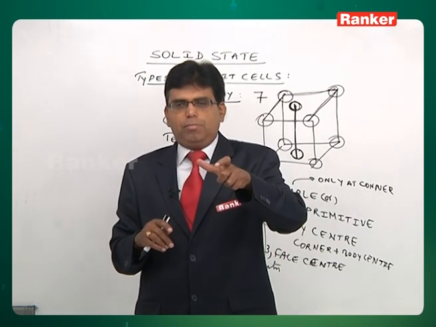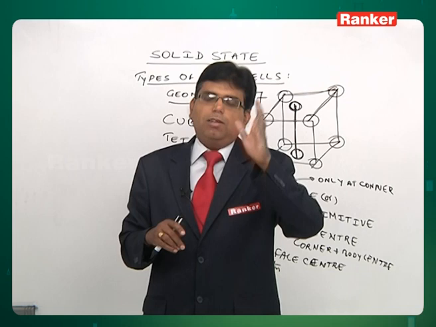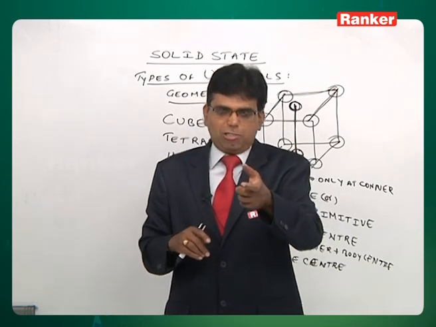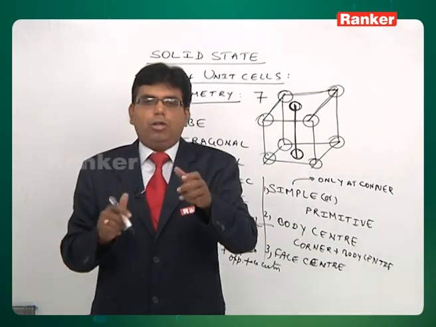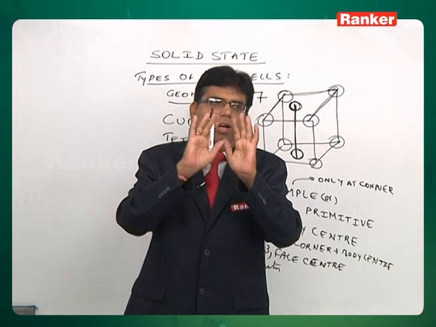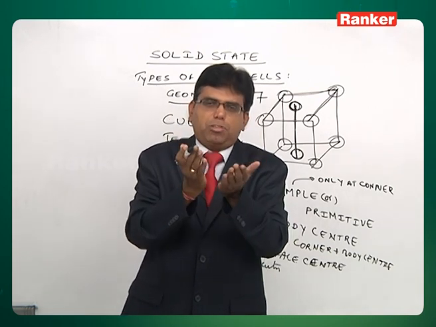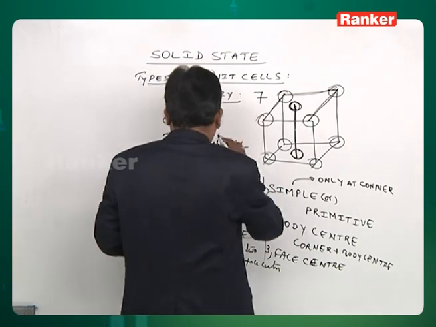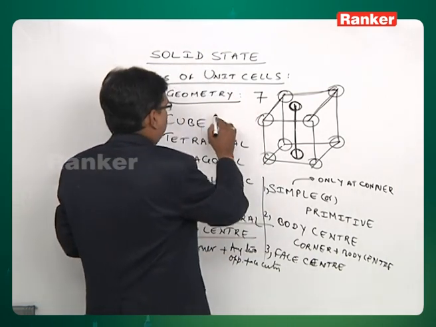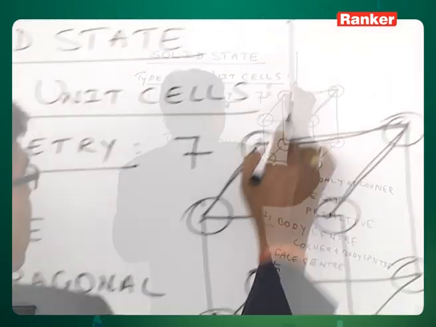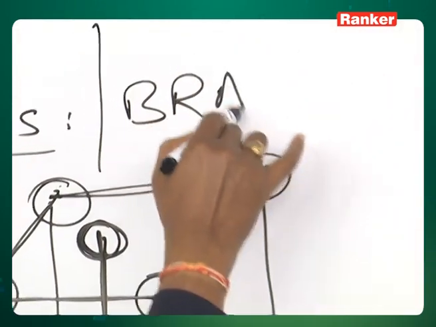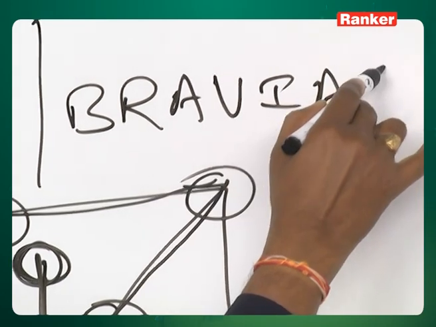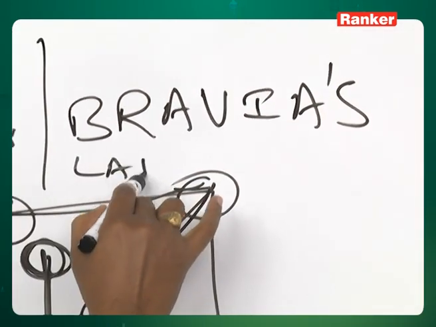By taking all the mathematical calculations and geometrical considerations, all geometrical possibilities together, 14 types of such lattices are found to exist, and they are said to be Bravais lattices.